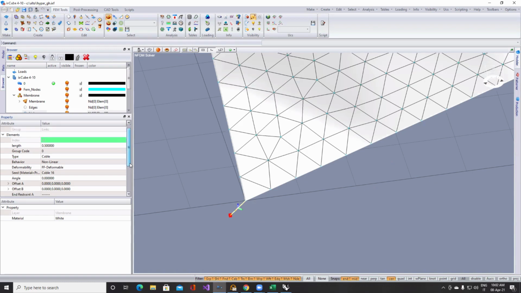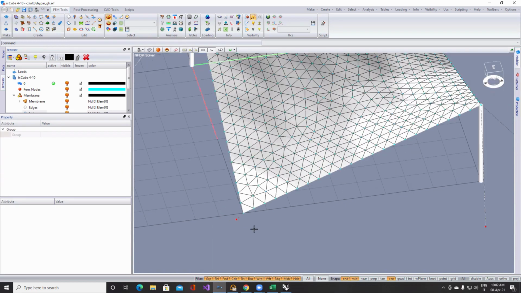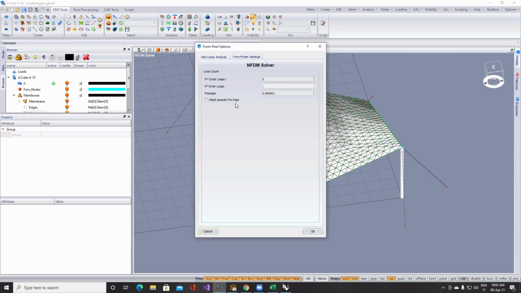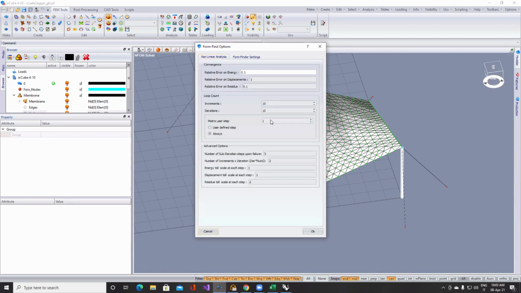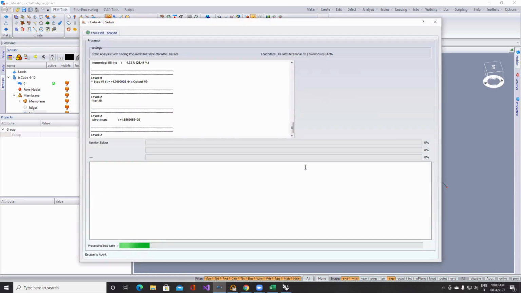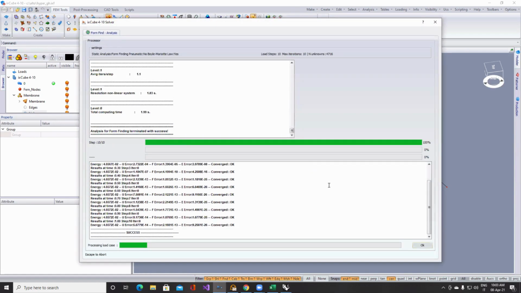They have a fixed edge constraint. So we need to set here the fixed current length. And if everything has been done correctly, we can try to run the form finder. Let's make 20 loops because we have a nonlinear form finder. And let's try. Yeah, that's it.